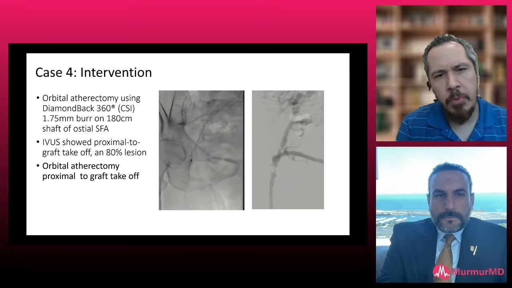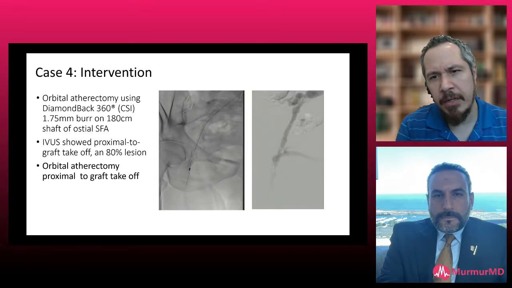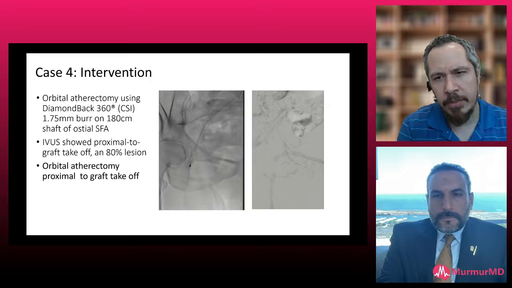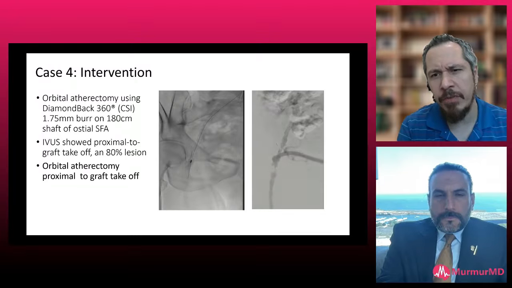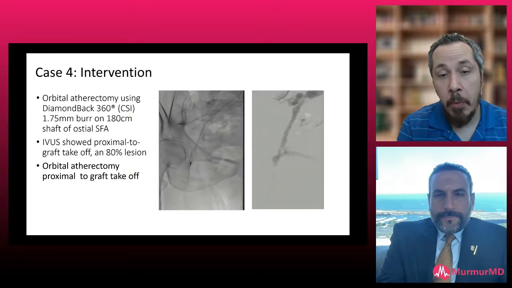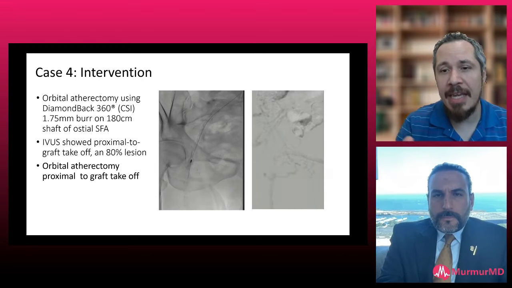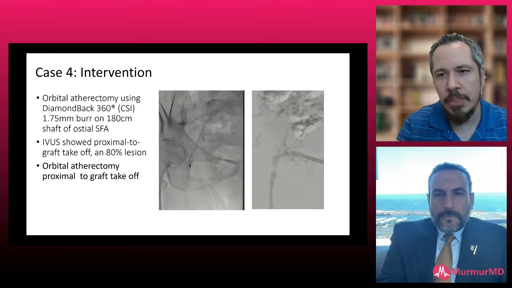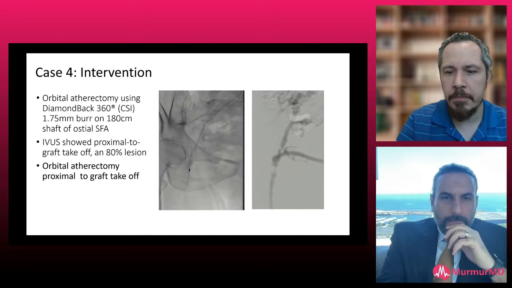And I think the most important thing on this one is you've really got to be careful not to burr around the takeoff of that fem-fem, because if I really damage that fem-fem, I think the left leg will become an acute leg and then become a bigger issue. Right. That was very important, because we found a spot where there's a gap between the common femoral lesion and the takeoff of the fem-fem. We marked it and tried not to get through it.